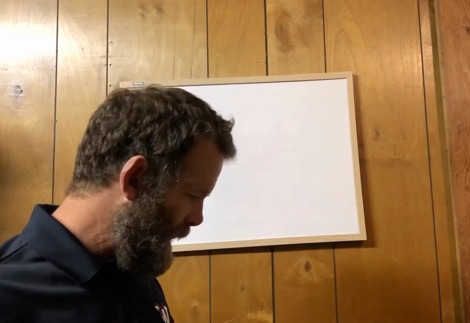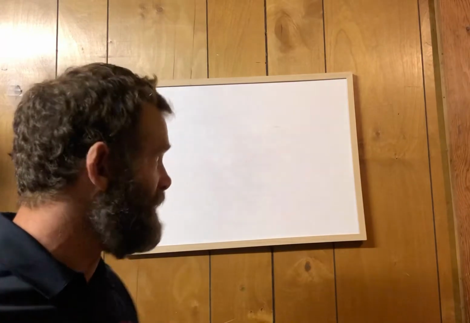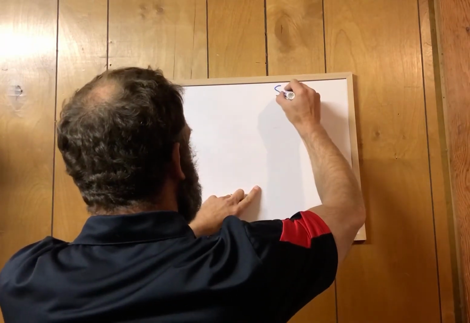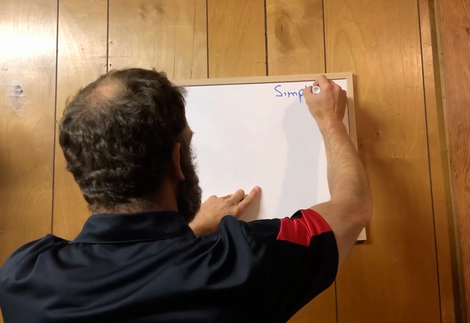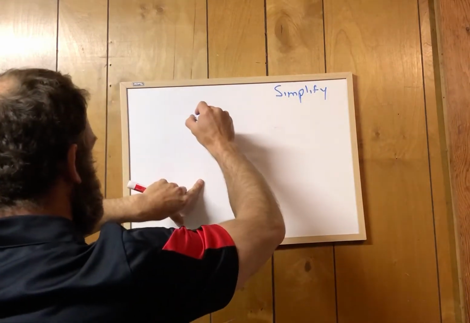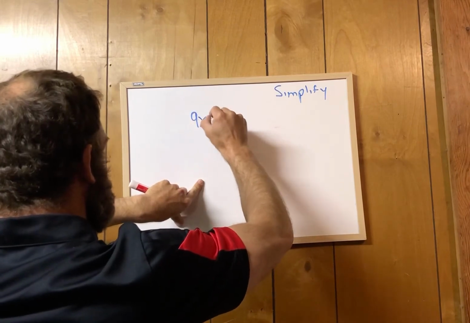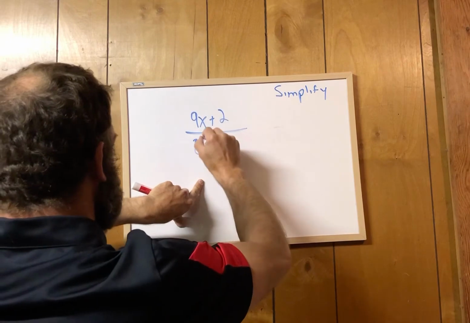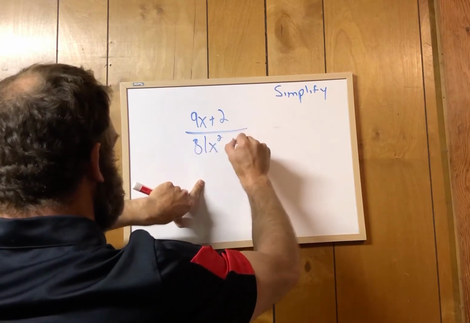All right, guys. So today what we're going to be covering is adding and subtracting rational expressions. So just a little review of what we've done so far. Last week we talked about simplifying rational expressions. For example, let's say we had 9x plus 2 over 81x squared minus 4.